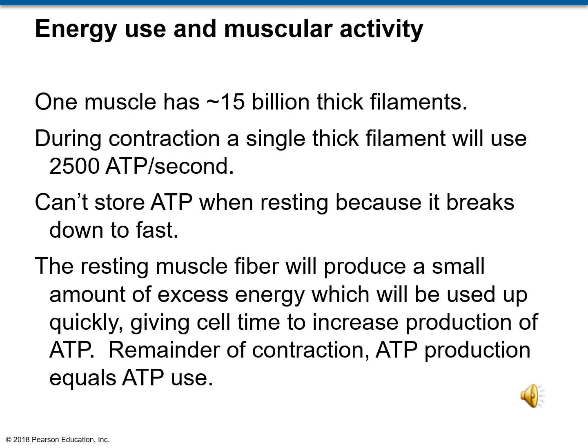The resting muscle fiber will produce a small amount of excess ATP that it can use, but it will be used quickly once the muscle starts working. Basically it's just giving a little buffer so that the muscle can start increasing its production once contraction starts, so it gets the muscle contraction started, and then for the remainder of the contraction, ATP production will equal ATP use.